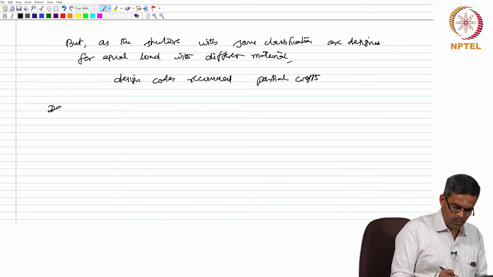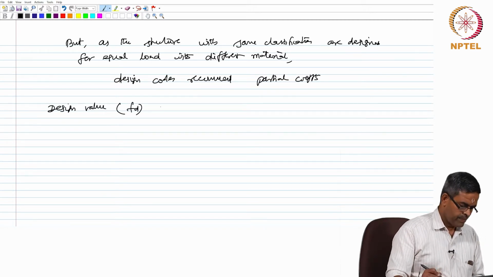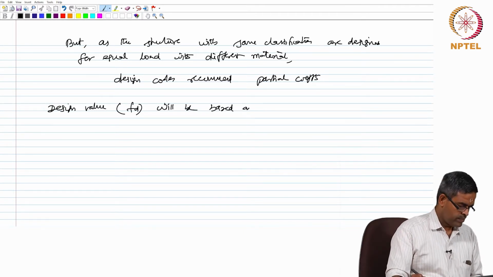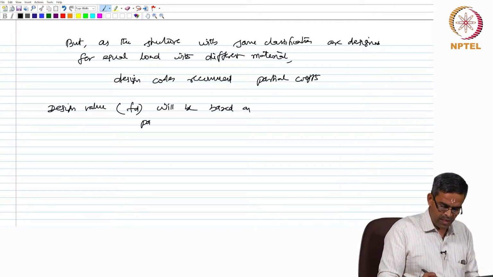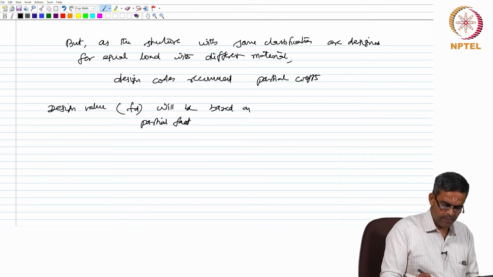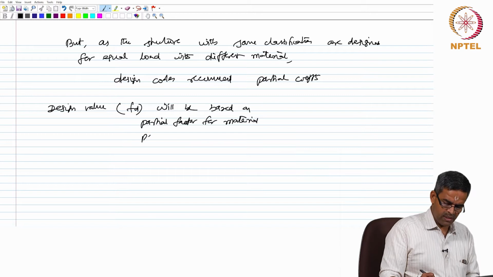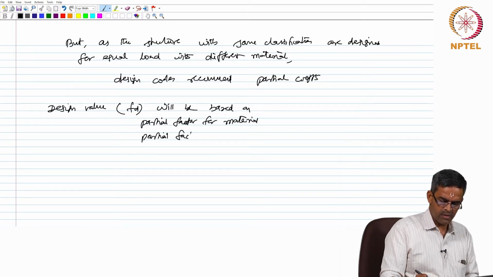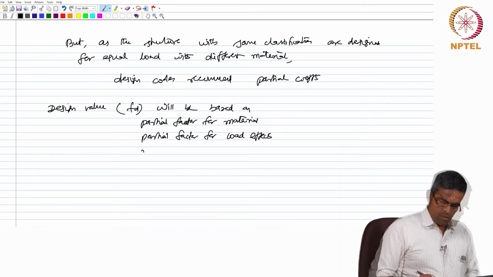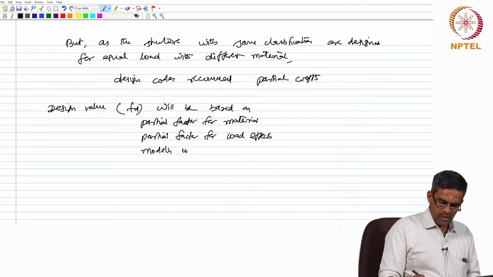The design value, which is f d, will be based on the partial factor for material and the partial factor for load effects, to cover the modeling uncertainties and error in load estimates.